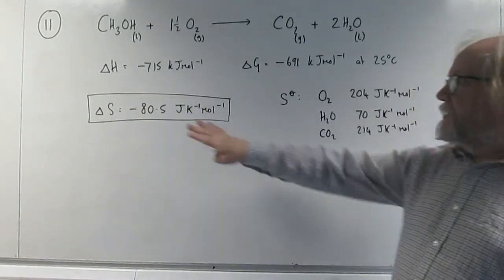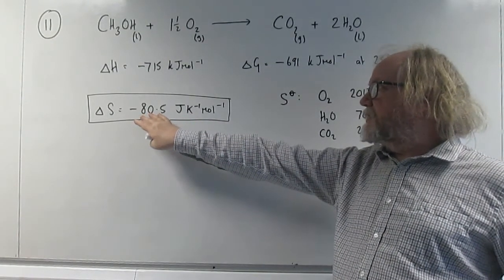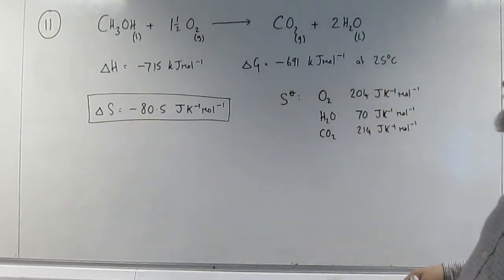Part B is asking us to use this delta S that we've just calculated in part A, together with the molar entropies that it has given us in the question, to calculate the missing one, which is the molar entropy of methanol.